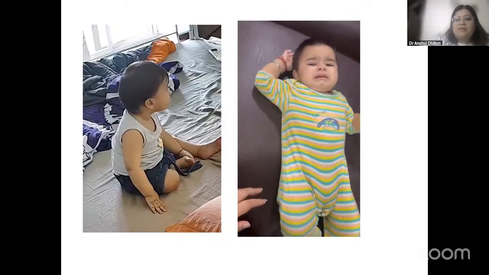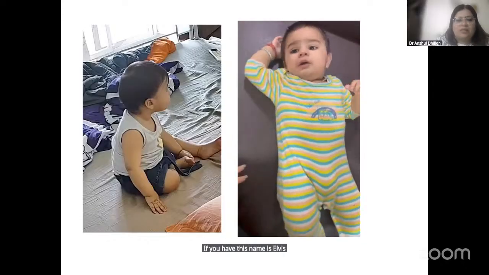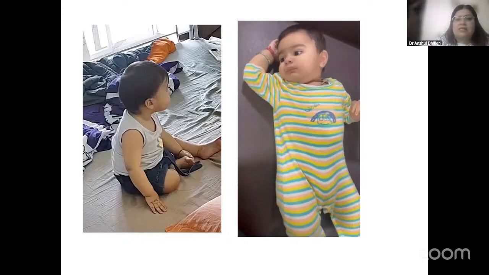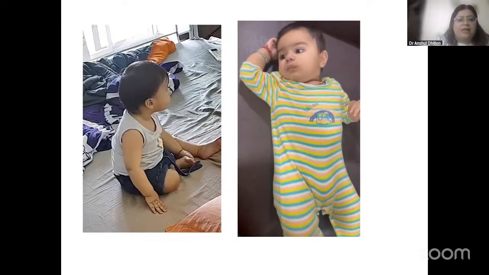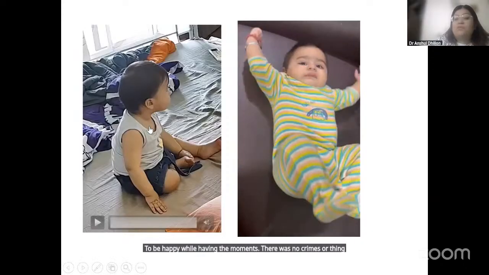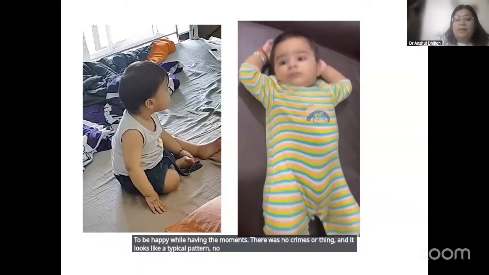His elbows were flexed. Absolutely happy while having the movement. There was no cry, nothing, and it looks like there was no typical pattern of any epileptic seizure.